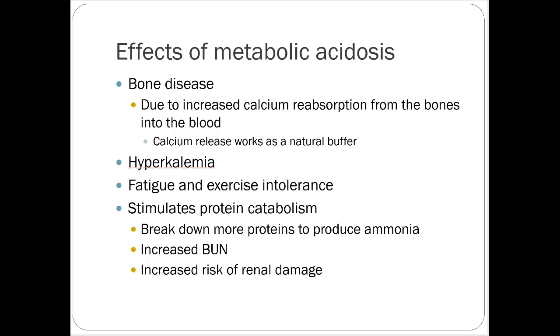It can cause hyperkalemia, fatigue and exercise intolerance, and protein catabolism, because another compensatory mechanism is your body will break down muscle or protein to produce ammonia. This increases BUN, and over time, while it works temporarily as a buffer system, it will increase the risk of renal damage, having more protein byproducts and peptides getting pushed through the kidneys.